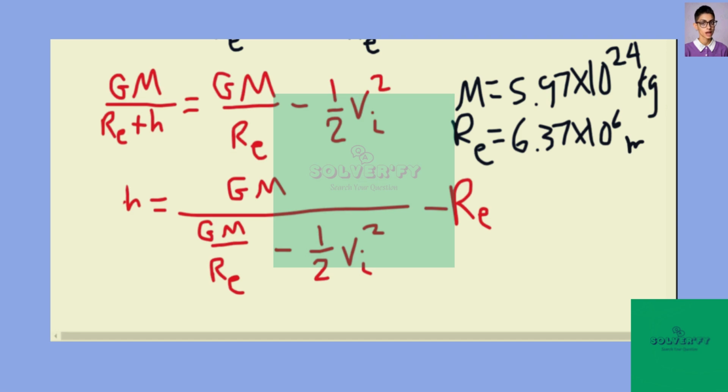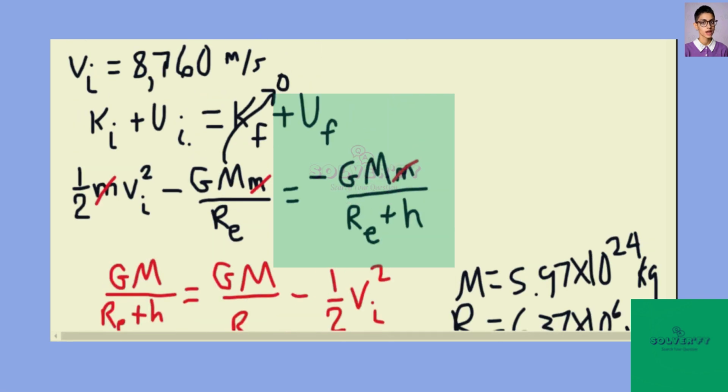Minus 1/2 v squared. V was 8,760 meters per second squared. That gives me about, I'm looking for my stylus so I can write this.